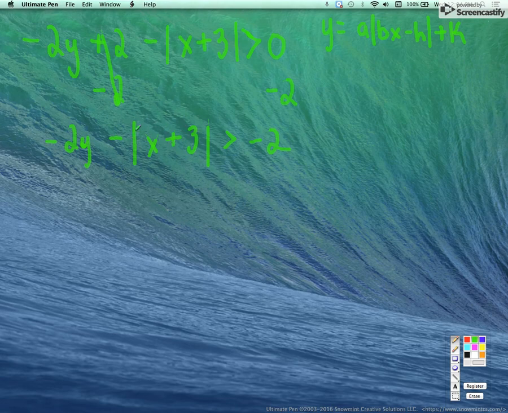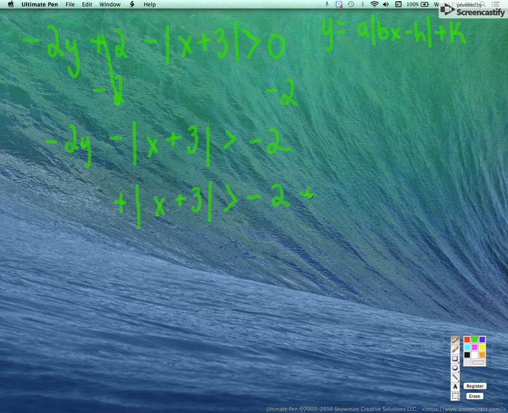Well, we can add it to the left side. If we add it over here, we get x plus 3, absolute value. Since we added it to the left, we have to add it to the right. So we're going to get negative 2 over here, and then we're going to add the absolute value part.